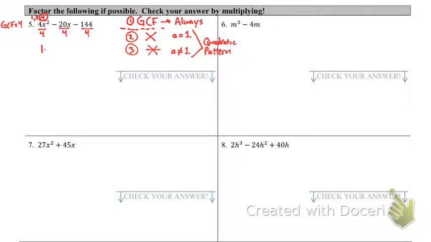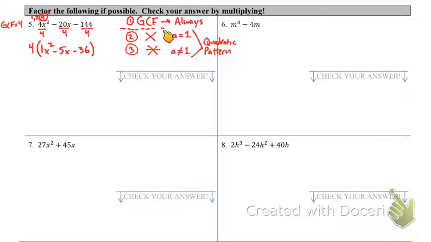Then we just bring down the x squared because there's nothing to divide the x squared. Negative 20 divided by 4 is negative 5. Bring down the x. Negative 144 divided by 4, if you throw this in your calculator, is negative 36. This all goes in parentheses, and our GCF gets multiplied in front.